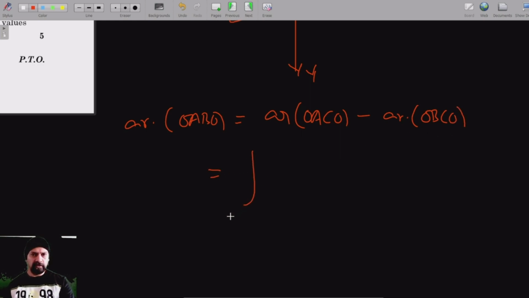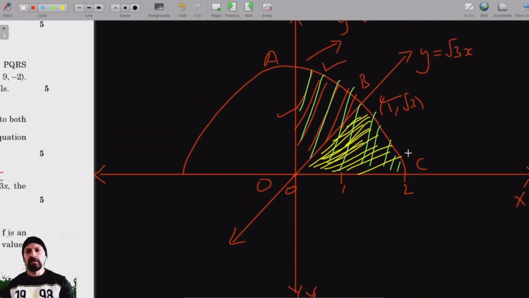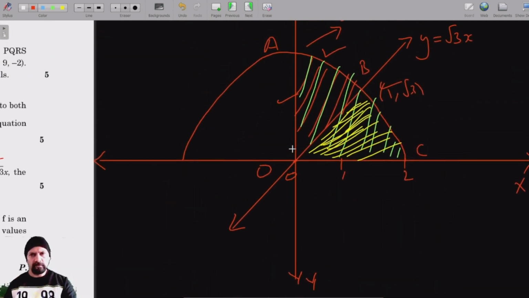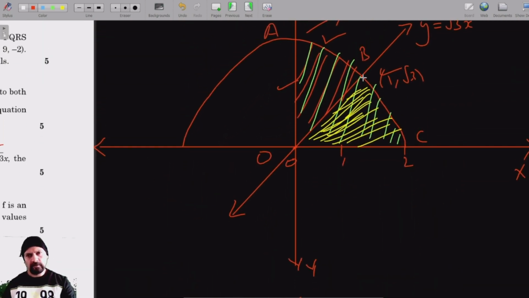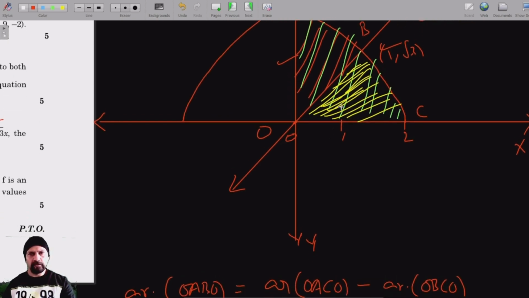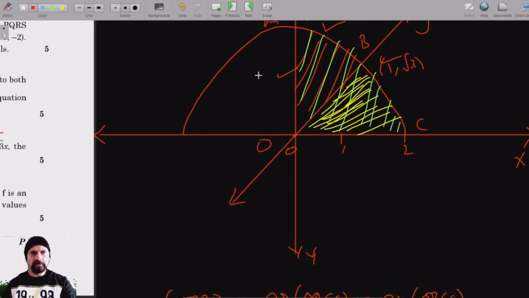So let's get the area OACO, which goes from the limits 0 to 2. Let me actually get, or try to, so this is 1.